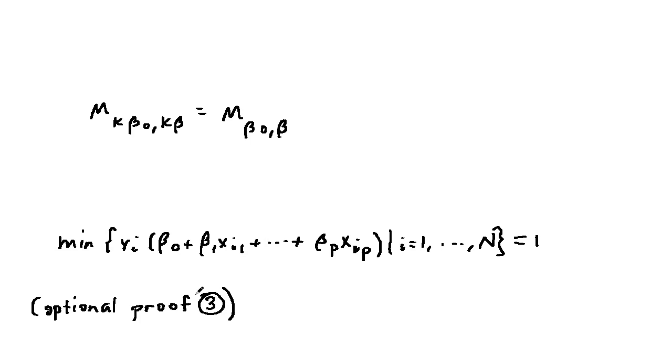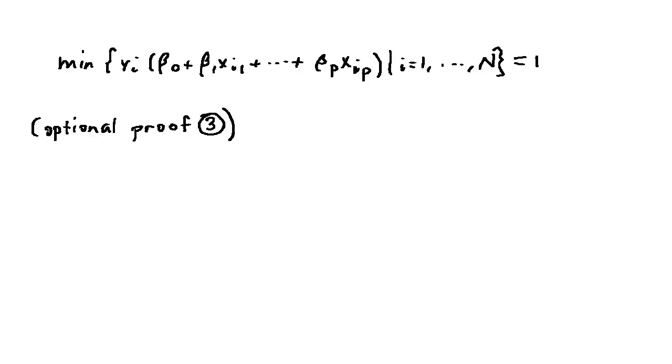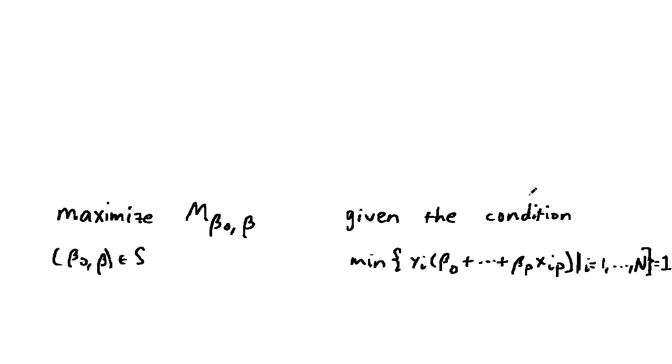Thus, we can try to find a solution to our maximization problem that satisfies the condition to begin with by imposing the condition here. We now have the optimization problem: maximize m sub beta naught beta, where beta naught beta lies in S, given the condition that the minimum of this is 1.